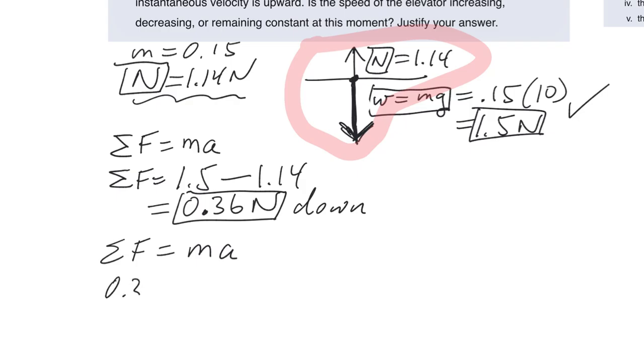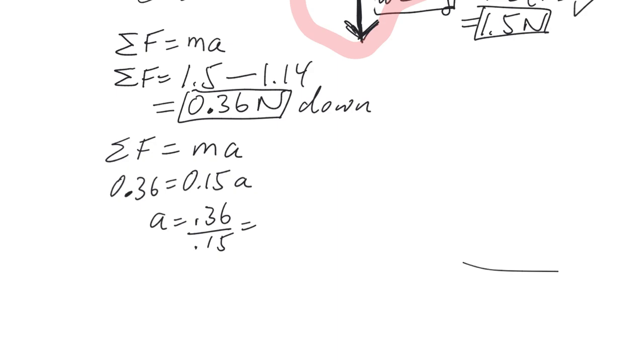So 0.36 equals the mass, 0.15 times A. A equals 0.36 divided by 0.15, which calculates out to be 2.4 meters per second squared. And the direction is the same direction as the net force. So that would be down.